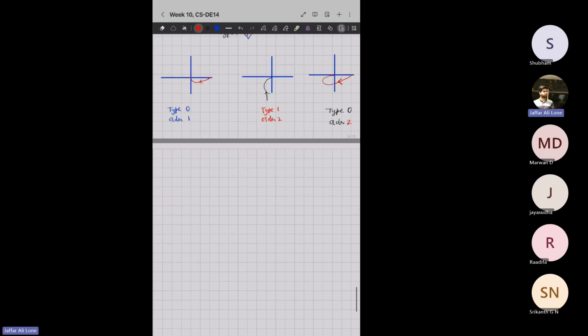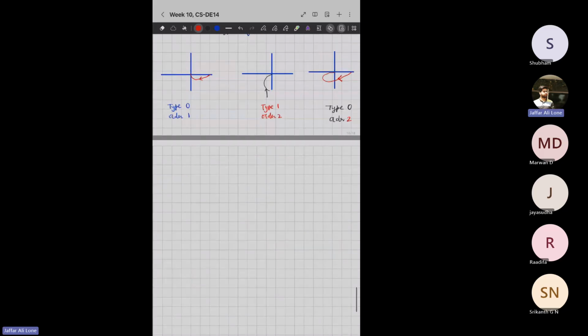You will tell me, what is this polar plot of which system? I have made this plot.